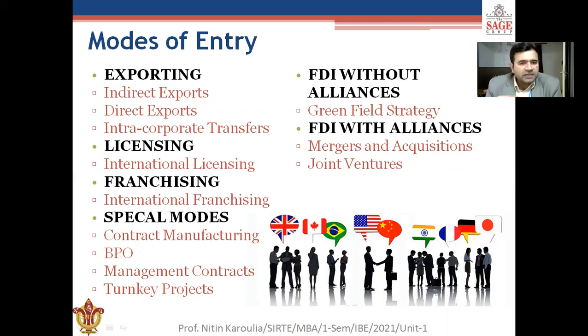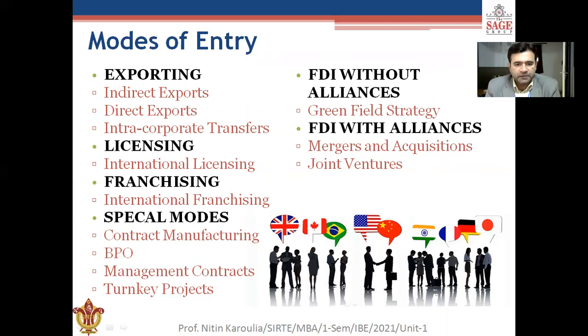First is exporting, in which there are indirect exports, direct exports, and intra-corporate transfers. Second mode is licensing, in which there is international licensing. Then franchising, there is international franchising.